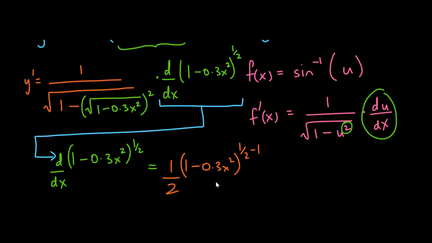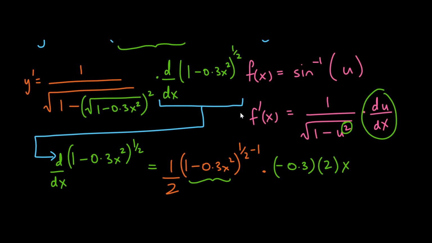And now we have to multiply this using chain rule with the derivative of what was inside the bracket, and the derivative of 1 minus 0.3x squared is minus 0.3 times 2 times x.